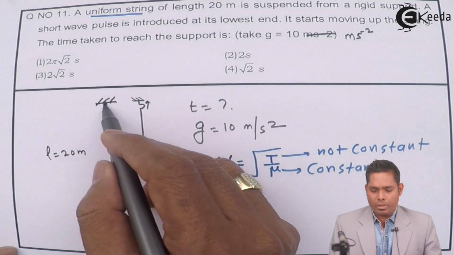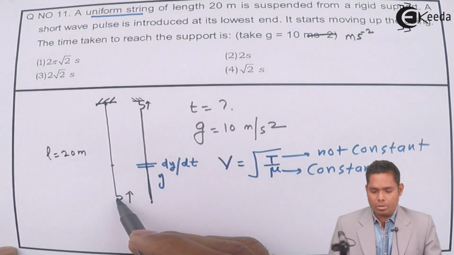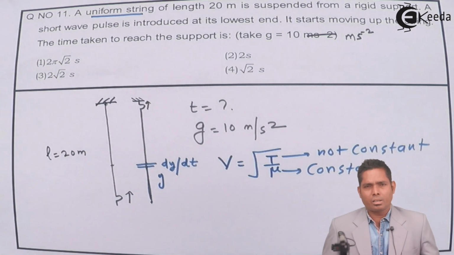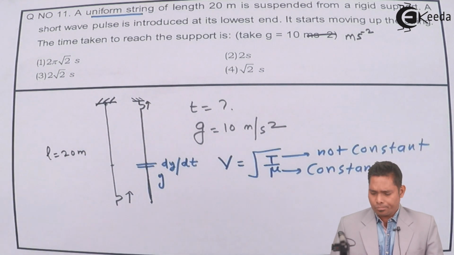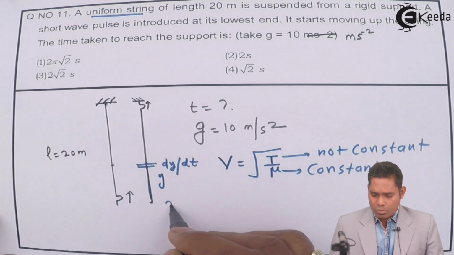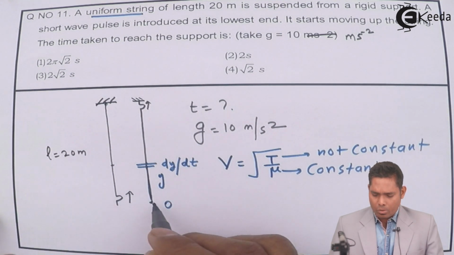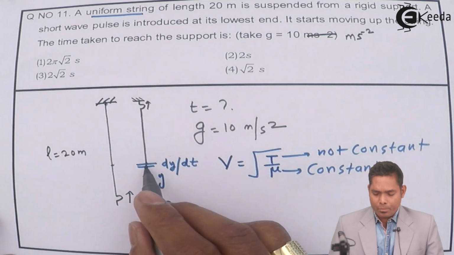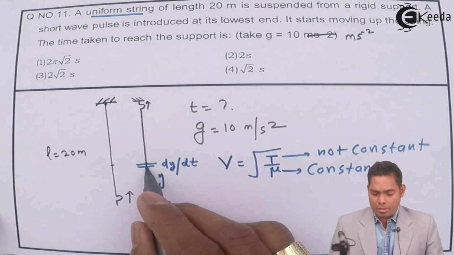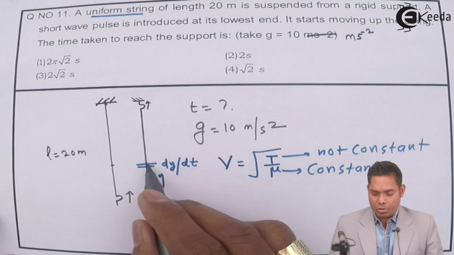If I consider a point here, then the total length of the string below, whatever its mass, will contribute to the tension. So I choose this as the origin. From this origin 0, I move up y and consider an element dy. What is the tension in the string in this element?